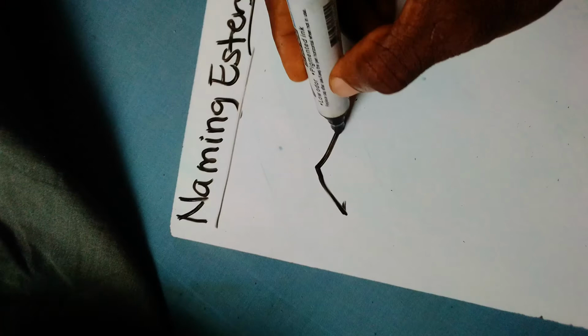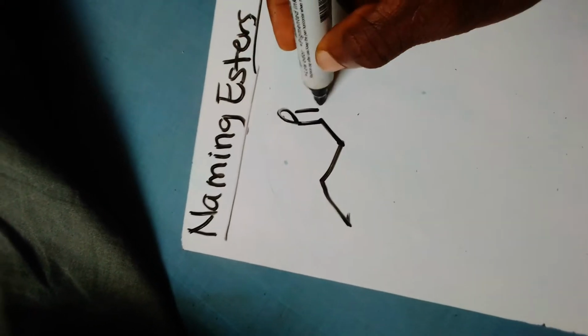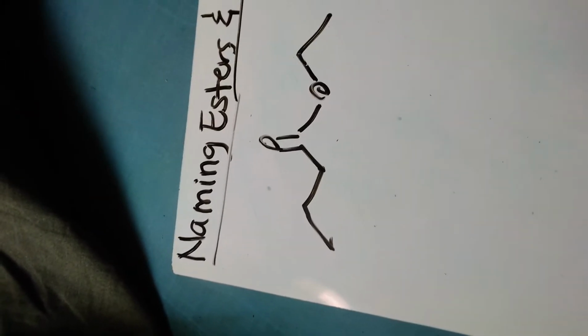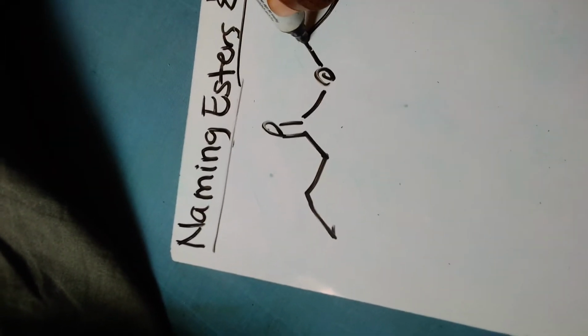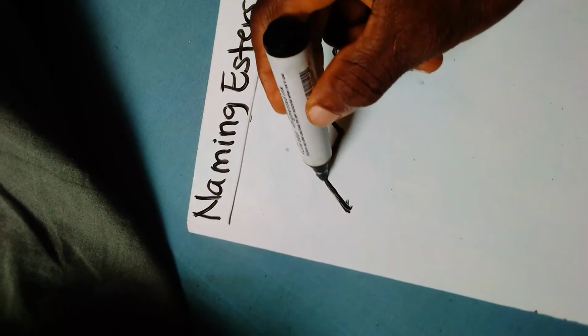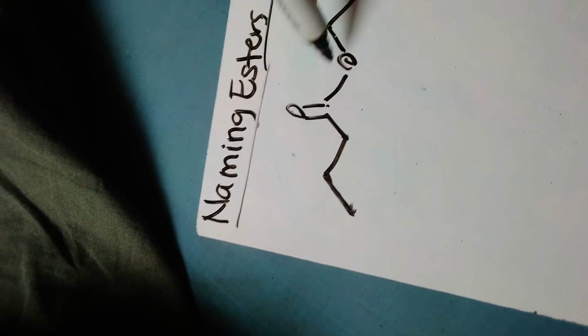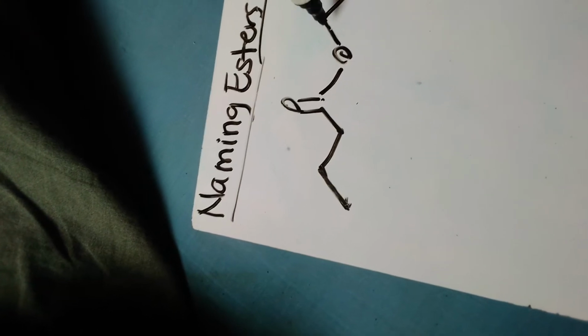So let's say we have this as an ester. This ester is a reaction between butanoic acid and ethanol.